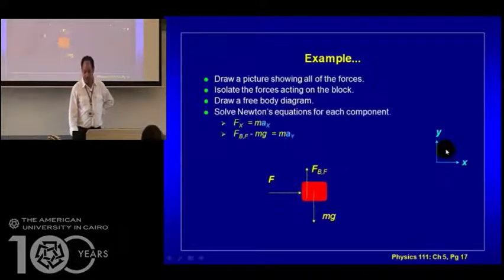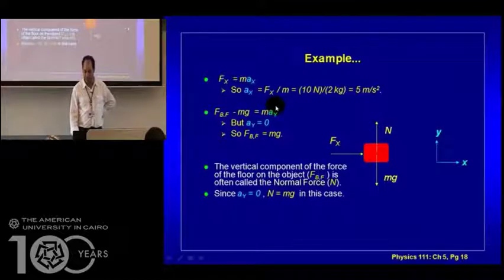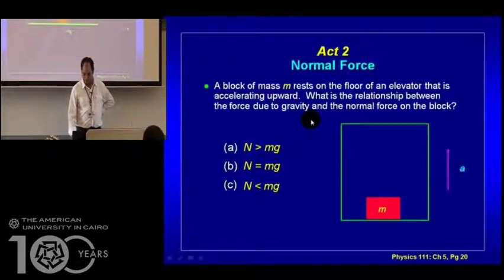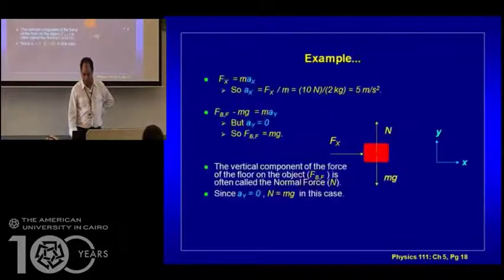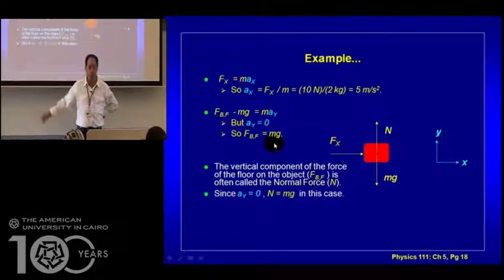Then I have applied Newton's second law along the x-axis and along the y-axis, and we got all the information that we need. That's the acceleration, ax, that's 5 meters per second squared, and the force from the floor on the object equal to mg, which I called here the normal force.